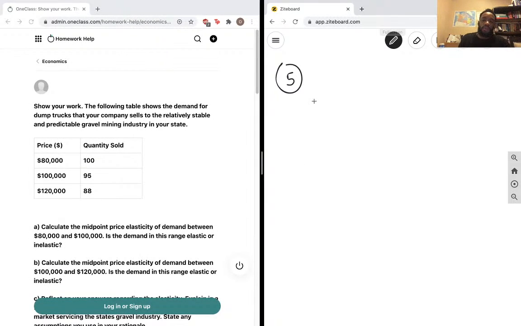So we know elasticity of demand equals percent change in quantity demanded over percent change in price.